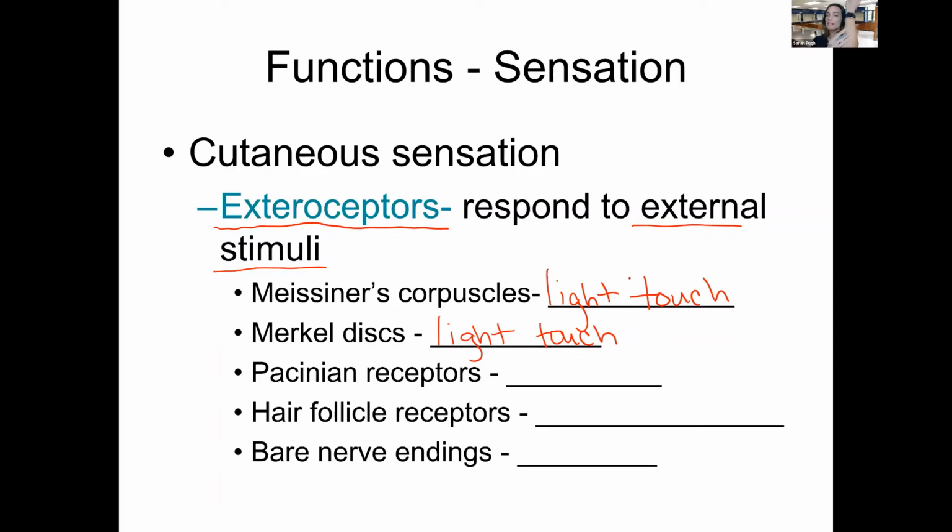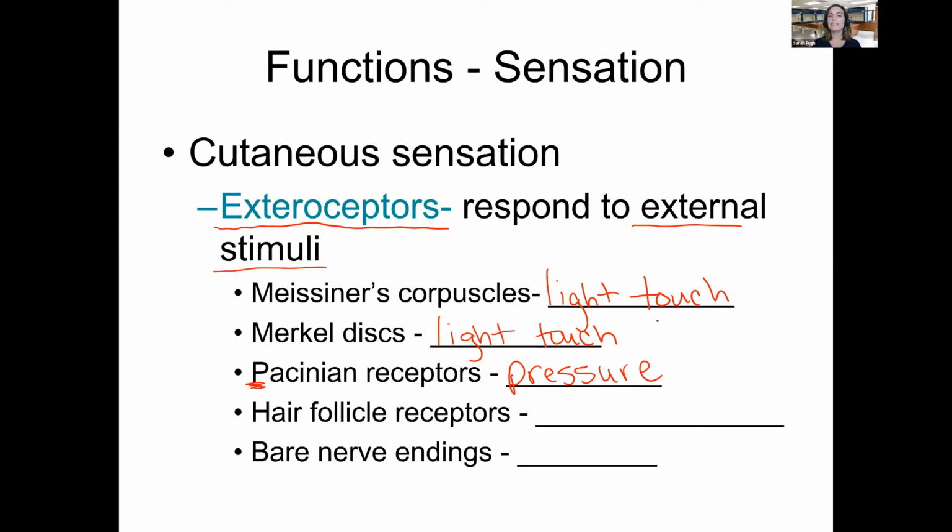So for these to pick up touch, it would have to be a harder touch. It would have to be deeper pressure for them to pick that up. So these are going to pick up, I always remember Pacinian starts with P, so I remember pressure. So these pick up more severe pressure. You also have some receptors that wrap around your hair follicles so that when your hair moves, you recognize that.